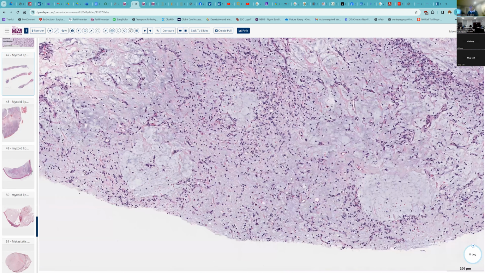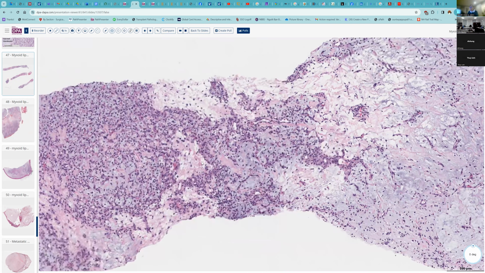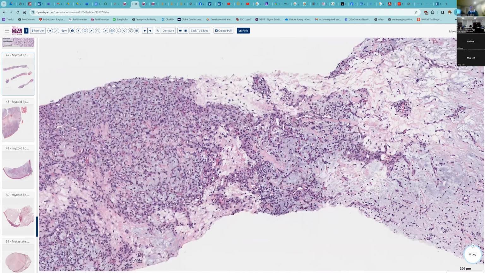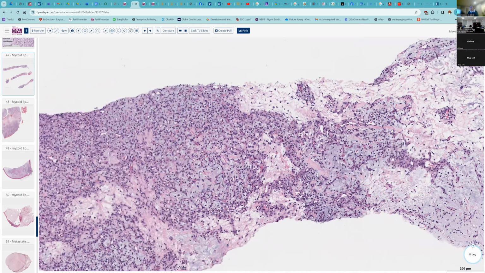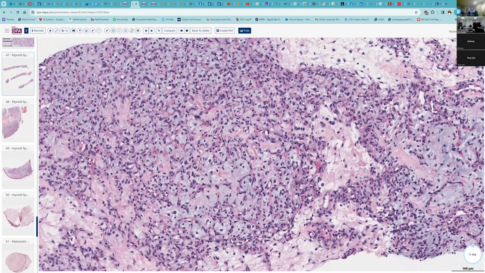So in a biopsy like this, seeing multiple morphologies and patterns, we might have difficulty in remembering to include myxoid liposarcoma in our differential diagnosis. Here it looks as though we have a lot of delicate vessels, and that's a key because many fatty tumors will have this delicate vascular pattern.